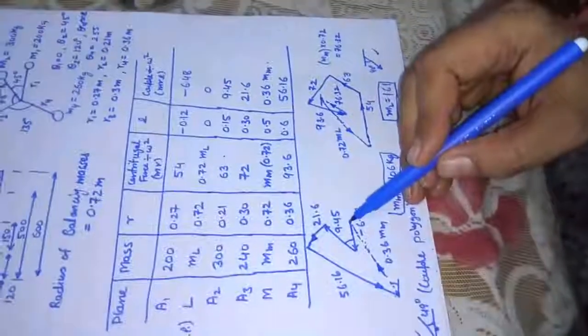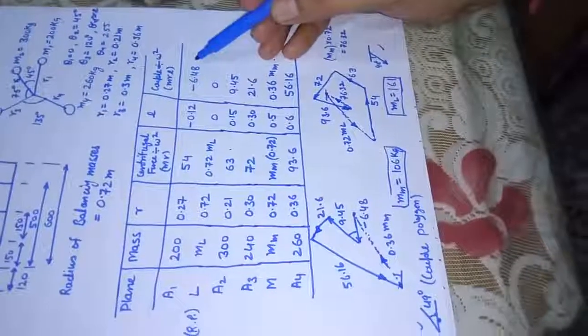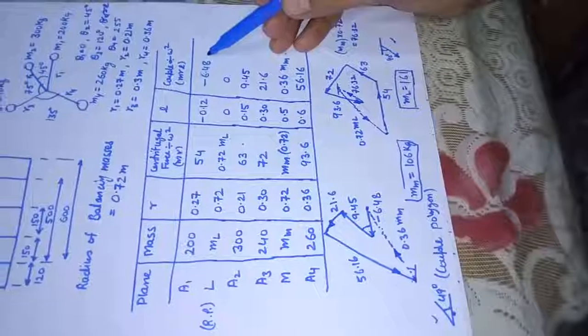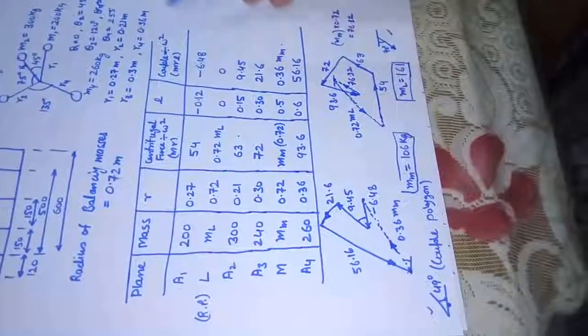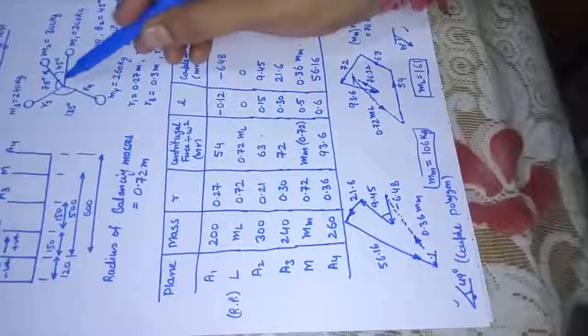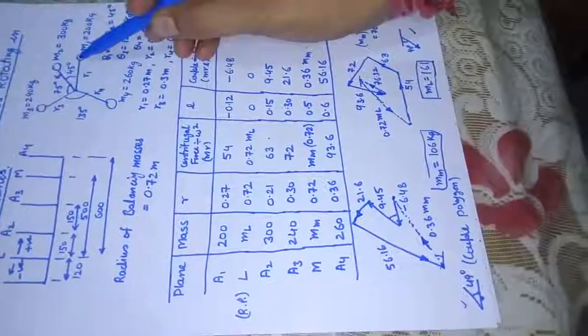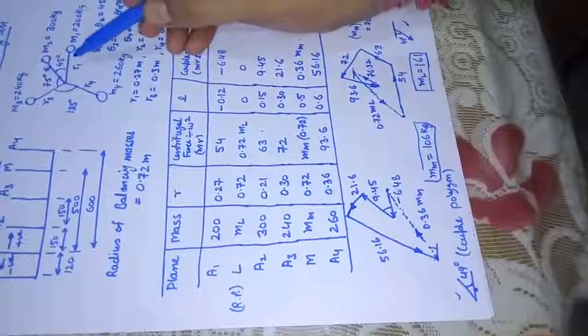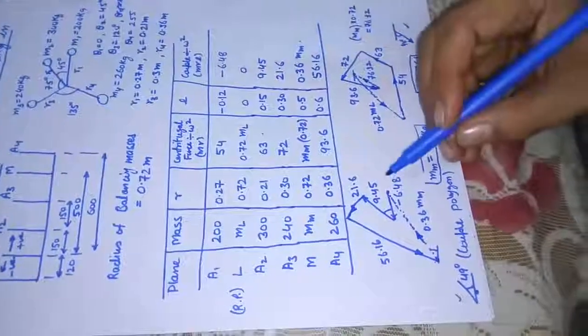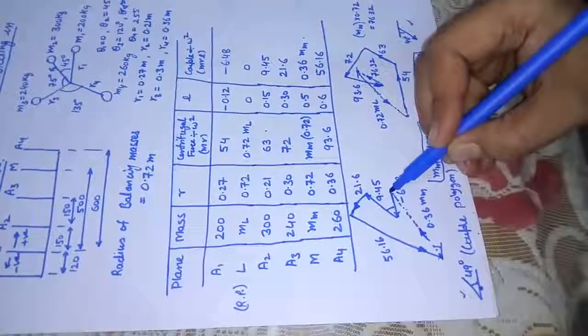First of all we have drawn the first couple, minus 6.48. It is interesting how to take minus. This direction is at 45, this direction is positive, so if I am taking negative, the arrowhead should be towards the horizon. I have taken a suitable scale and started the diagram from here.